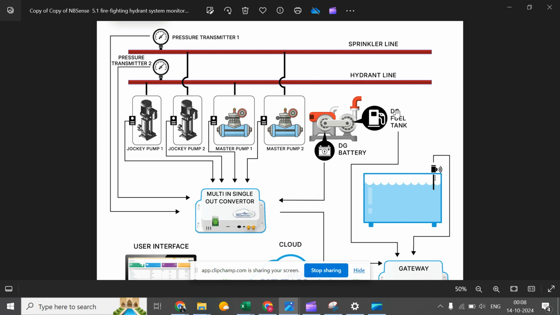For the diesel pump, we have to detect the fuel from the DG fuel tank, the fuel level and all. Second is the diesel generator battery status. In most cases, these batteries are drained out and become non-functional or non-responsive in case of emergency, so this monitoring is important, and that is done by our multi-in single out converter.